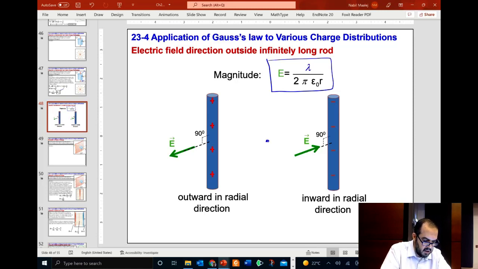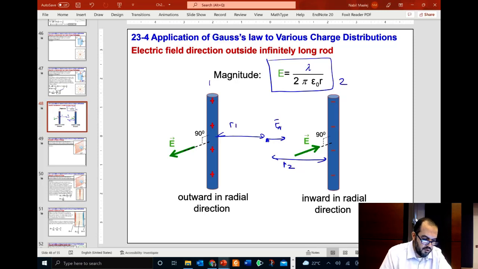For this point, the electric field contribution from the positive charge is going to be like this. Let's call this 1 and this 2, so E1, and it depends on the distance r. Let's call this r1 and this distance r2.